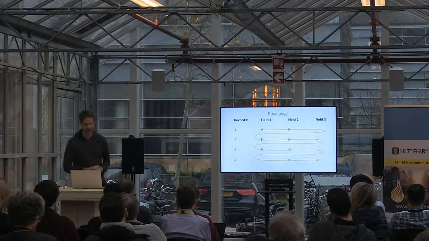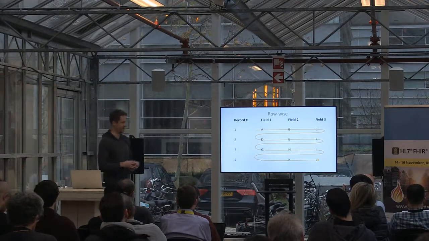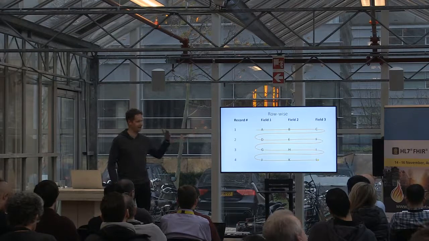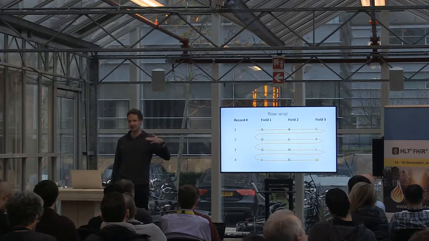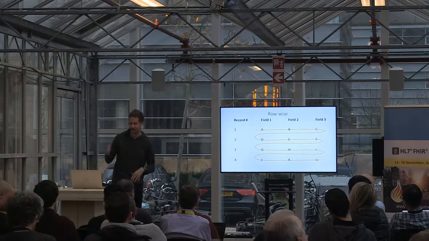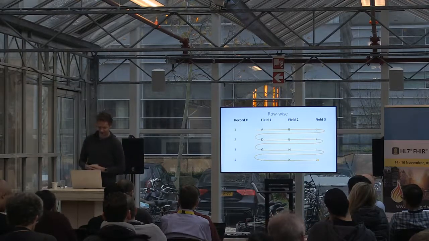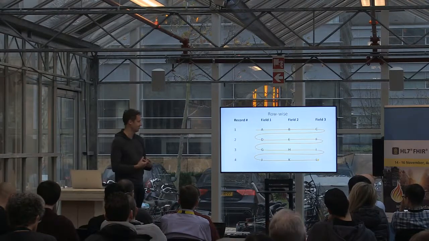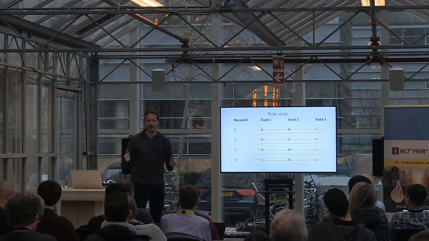Because typically, whether it's a JSON file or an XML file or a CSV file, our data is written like this, and every row is physically stored next to each other. So you have columns A, B, and C, or even if it's a JSON file, items right next to each other. And this is great if your predominant access pattern is to load up the entire record most of the time.